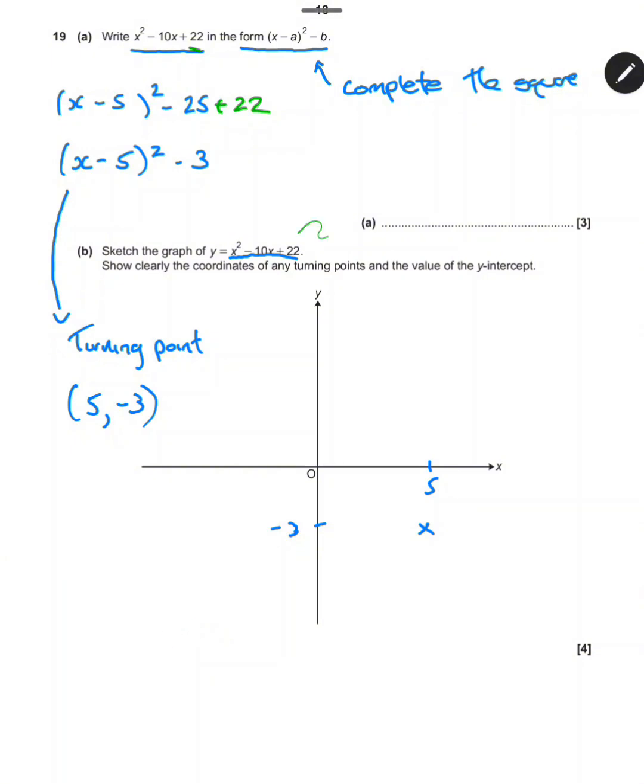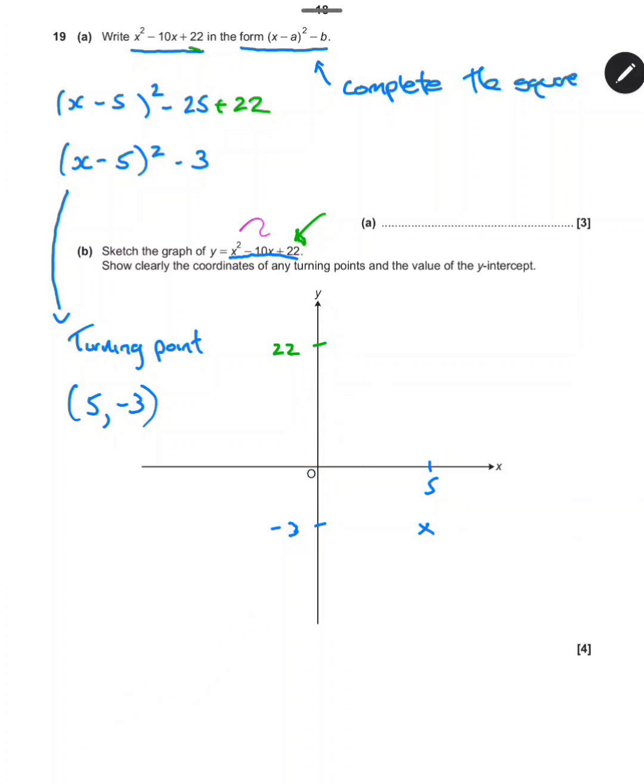If we look back at what we've been provided here, this number 22 on the end actually says where this graph crosses the y-axis. So this graph is going to cross the y-axis at 22. So we know where the graph crosses the y-axis. We know where the turning point of the graph is.